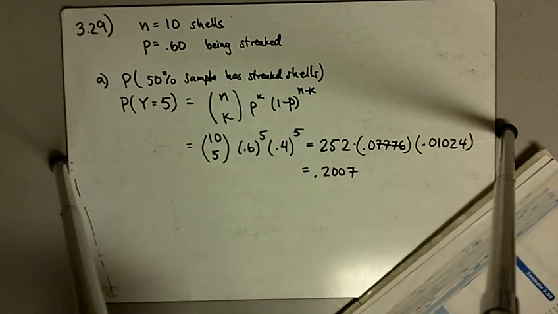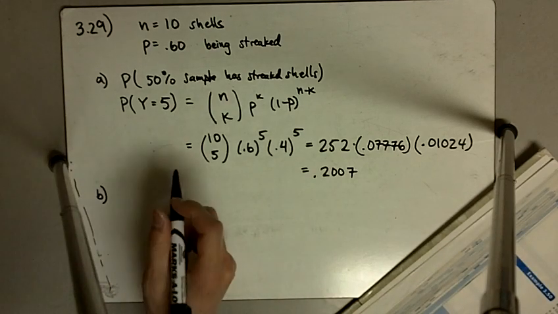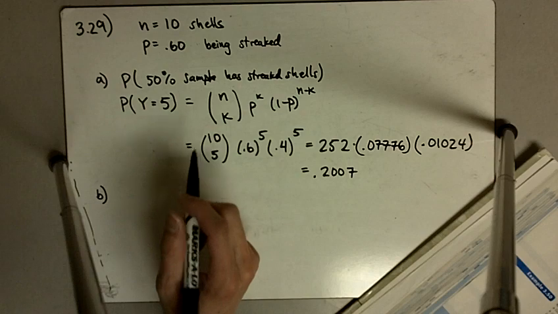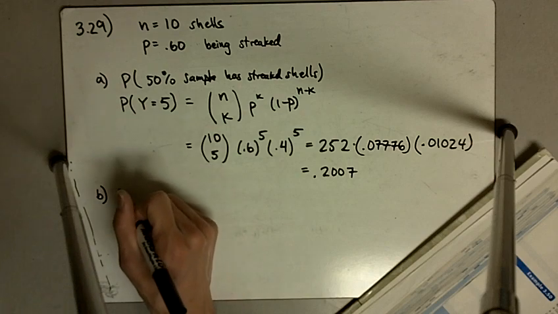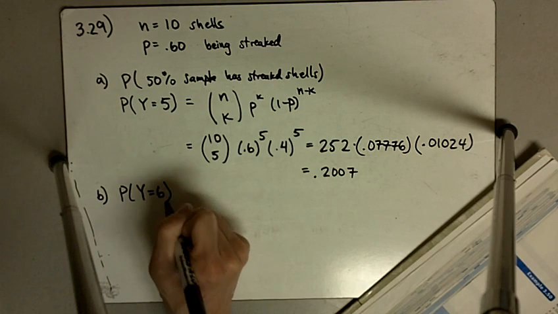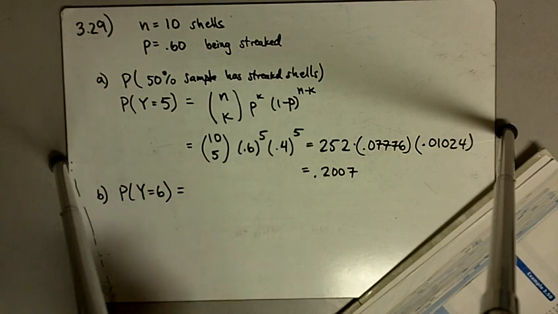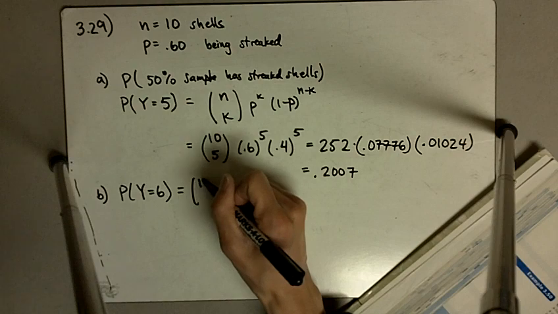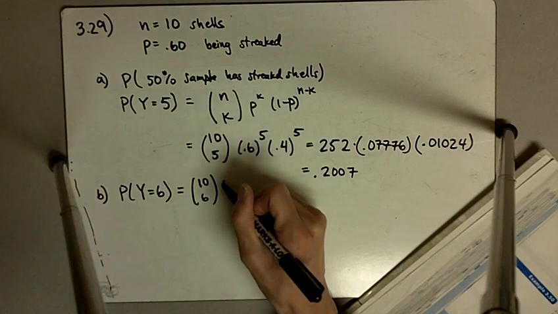B is very similar, except now it's asking the probability that 60% of the sample has streaked shells. So in this case, that means we're going to have 6 streaked shells. So we have 10 choose 6.